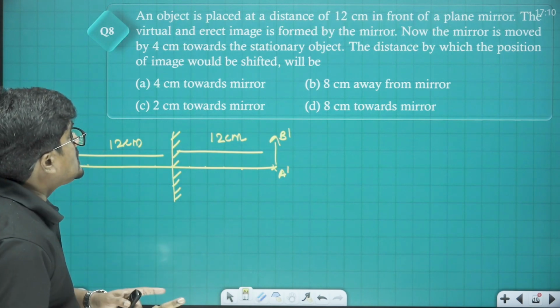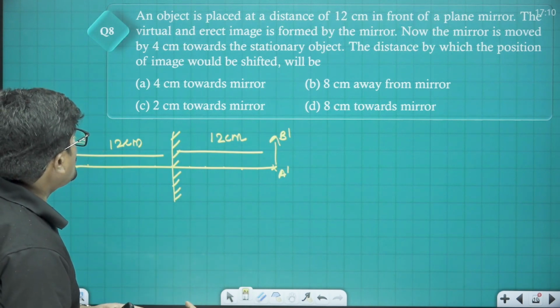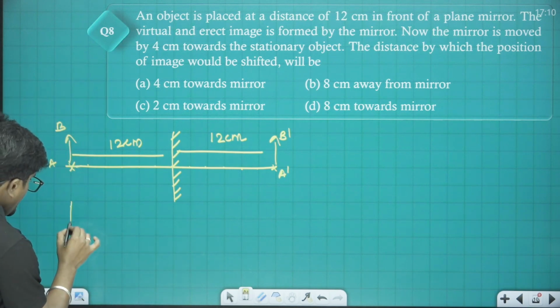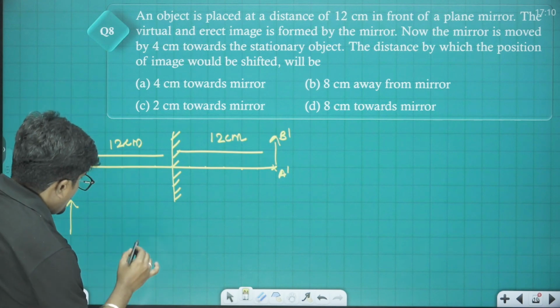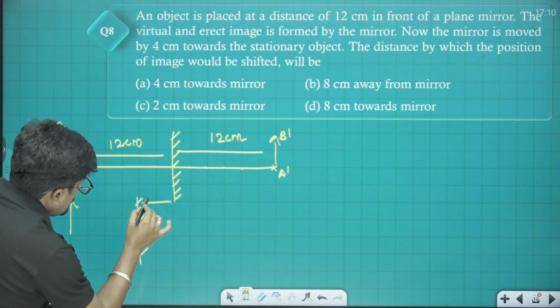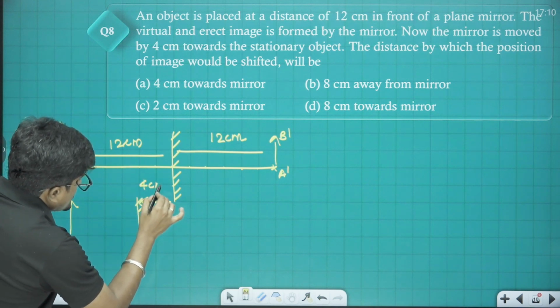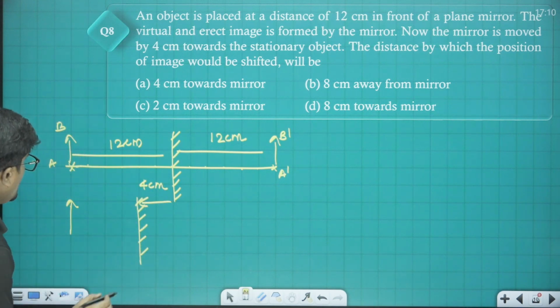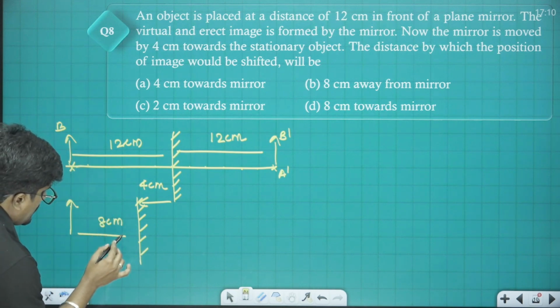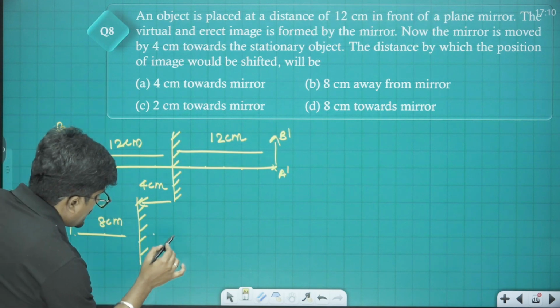Now the mirror is moved by 4 centimeter towards the stationary object. So the object remains the same, and the mirror is now moved through 4 centimeter. So here this distance is going to be 8 centimeter only. 1, 2, 3, 4.